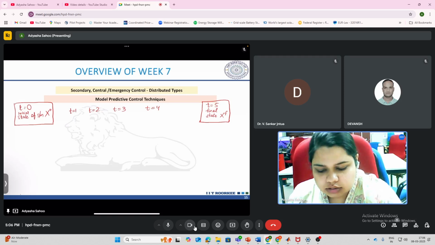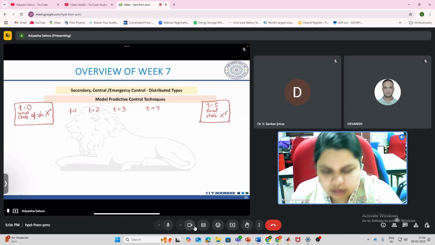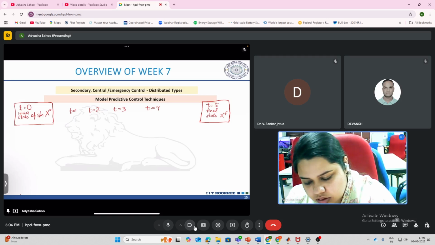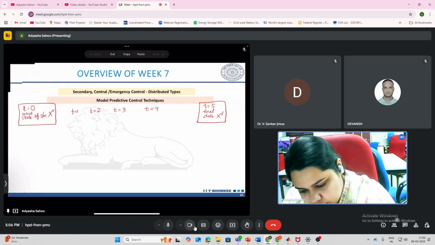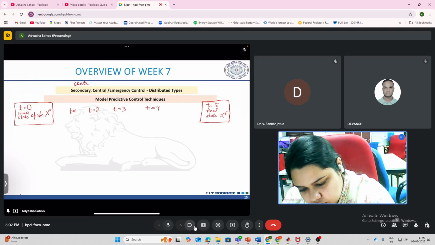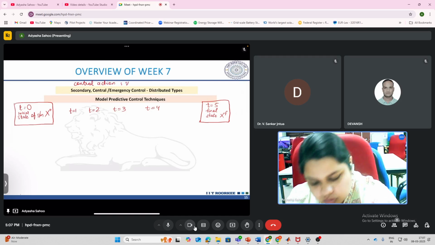You can change these control action steps. Let's say we are taking 4 control steps, and these control actions are represented by U.